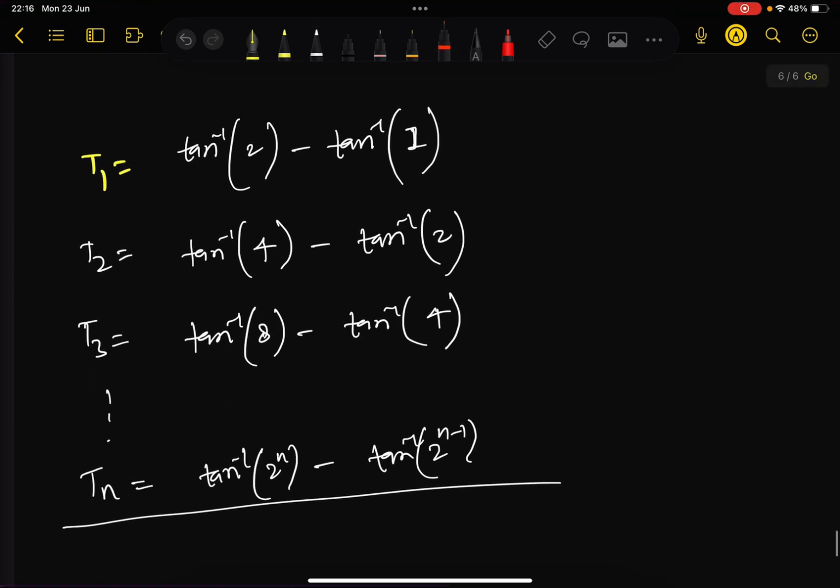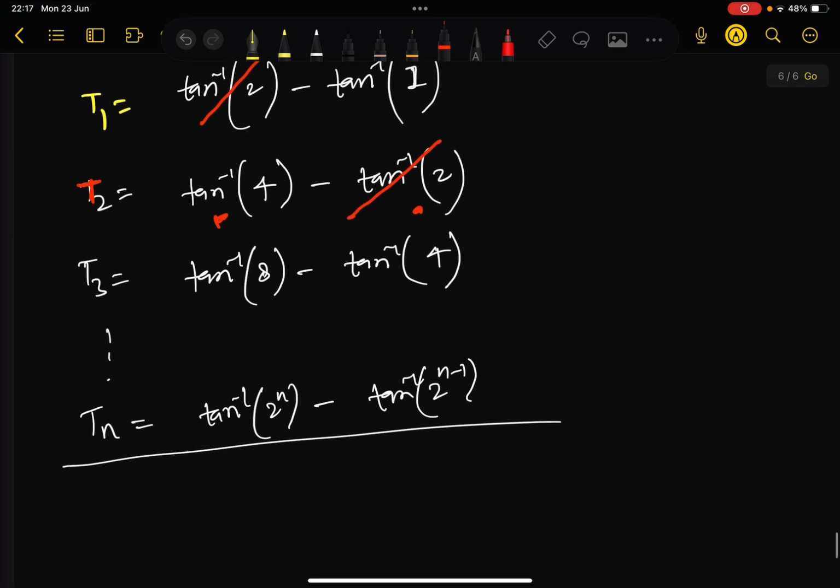So as you can see here, the first term and the second term, that is the second term of T2. There are two terms, first one and second. The second will get cancelled out. The second term of T1 will get cancelled out with the first term of T2, right?